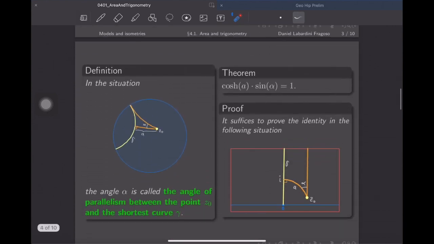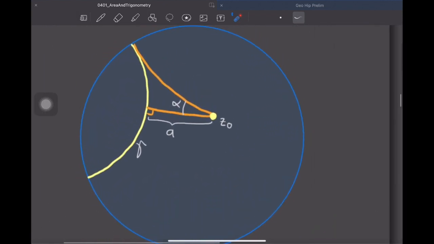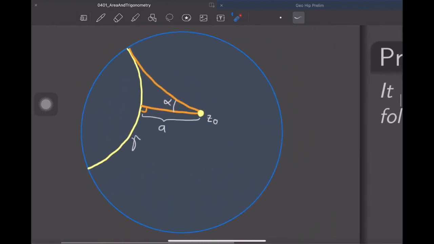So here I'm really reproducing the situation that you saw before. What I'm given is a shortest curve and a point outside, and then you see I throw the shortest curve from this point to this point in the unit circle, which, by the way, is parallel.